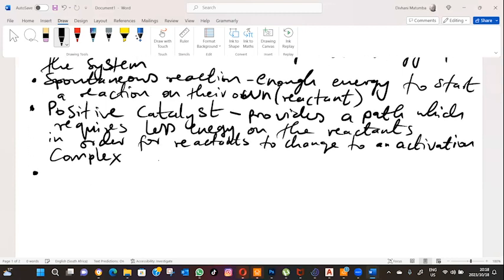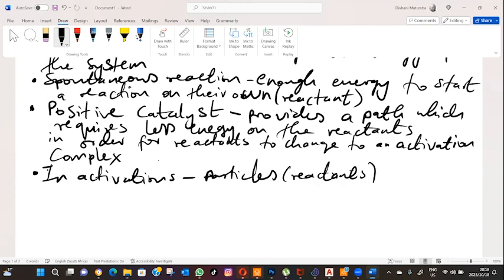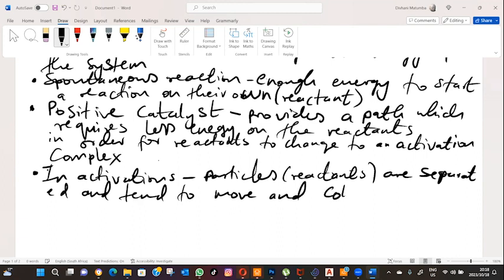Now, in an activation complex, what we know is that the particles, meaning the reactants, are separated and tend to move and collide to form products.